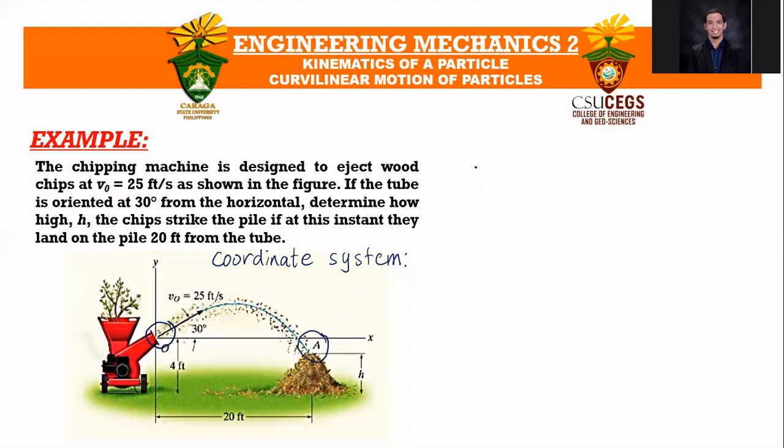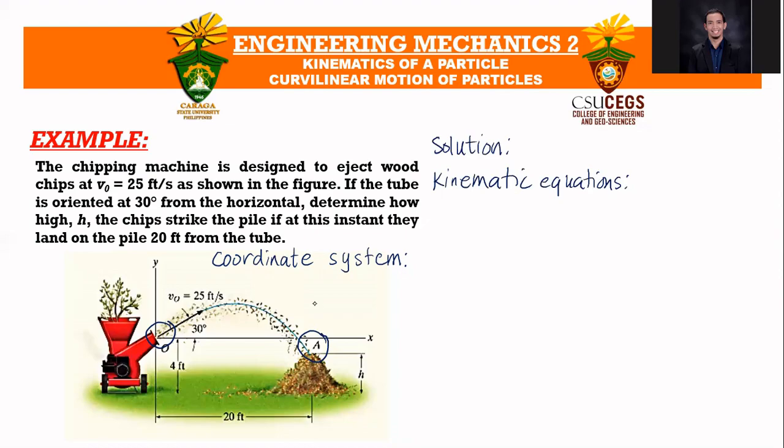So once we establish the coordinate system, our next step would be applying the kinematic equations. For the kinematic equations, this is the same equation sa free falling bodies, sa rectilinear motion of particles.